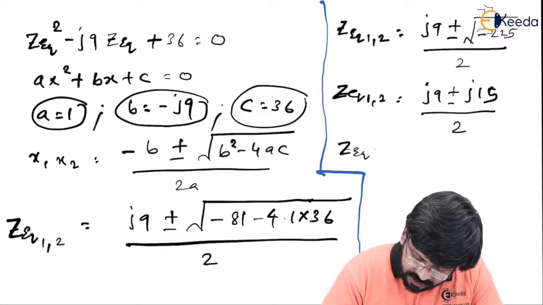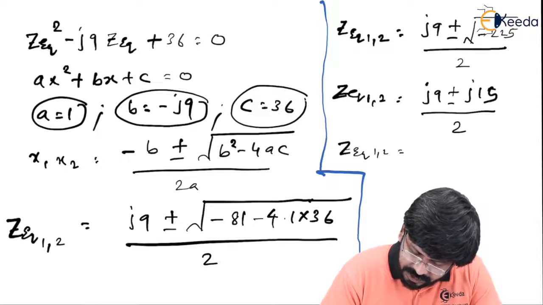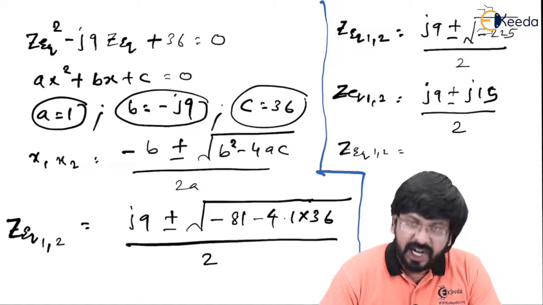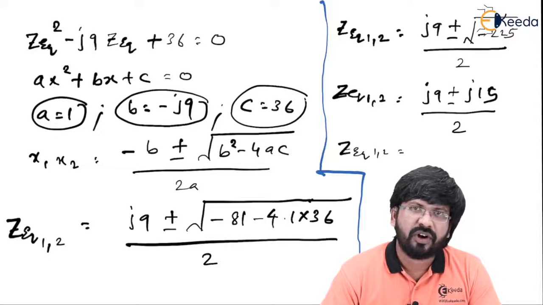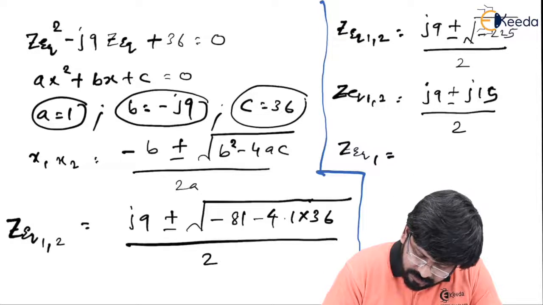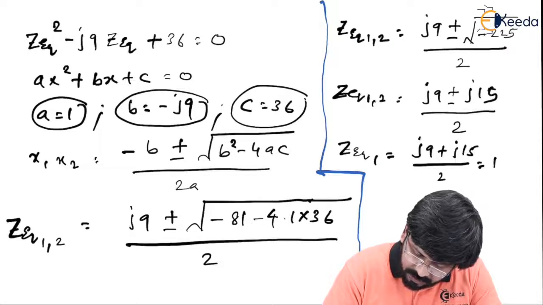Therefore, z equivalent 1, 2 is equal to, if you add them, it becomes z equivalent 1, or if you subtract them, it becomes z equivalent 2. So z equivalent 1 is simply j9 plus j15 divided by 2, which comes out to be 12j.